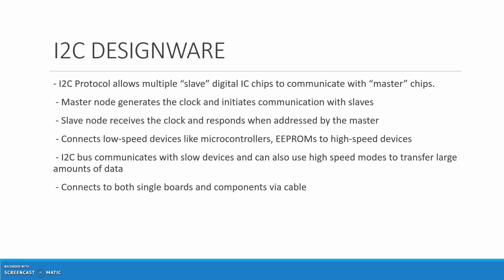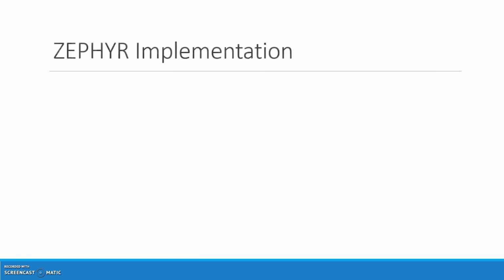It can connect to a single board or component via cable. And then we're going to see the I2C implementation in Zephyr. Okay, first, as we saw before, we have to do the device get binding.